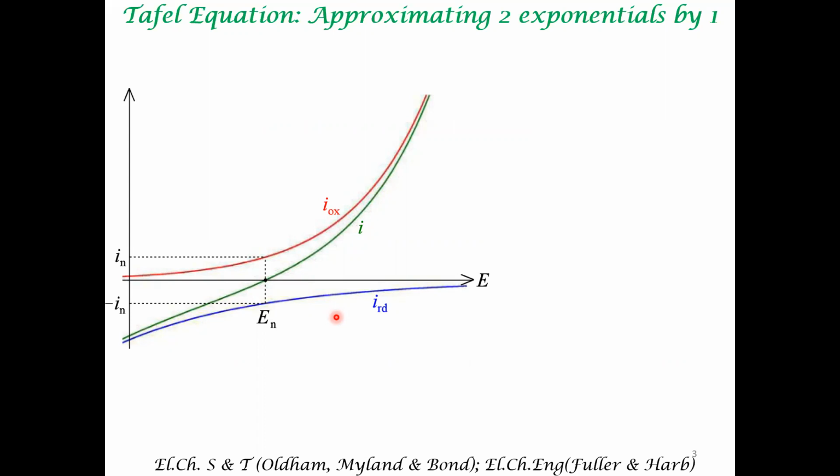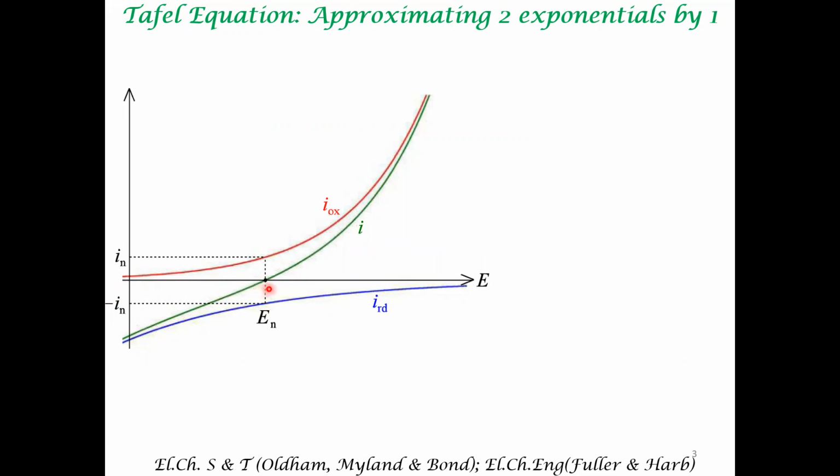You see that there are two limiting behaviors. The green curve can be approximated by the red curve when you are in this regime, and the green curve can be approximated by the blue curve when you are in this regime.